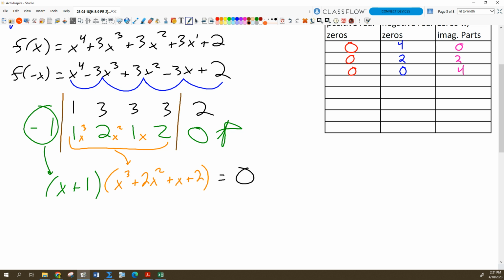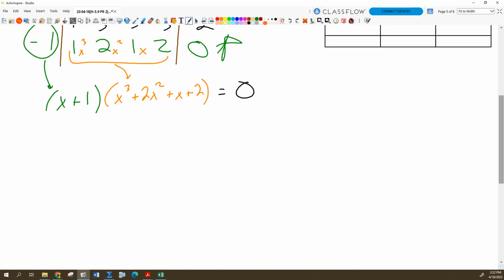Okay, now if I couldn't factor that orange one, I would just keep going with synthetic division. But I can't. That one I can factor by grouping, can I? It's 4 terms. And look, the coefficients 1 over 2 equals 1 over 2, right? So I can factor that by grouping. So I would just do that. So now I got this thing solved. I've got x plus 1.